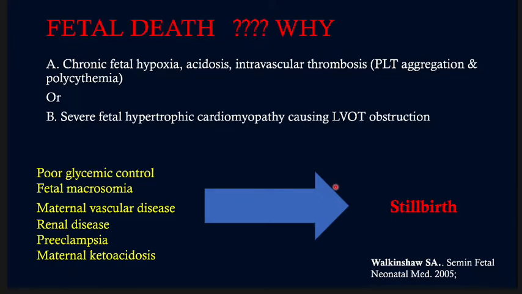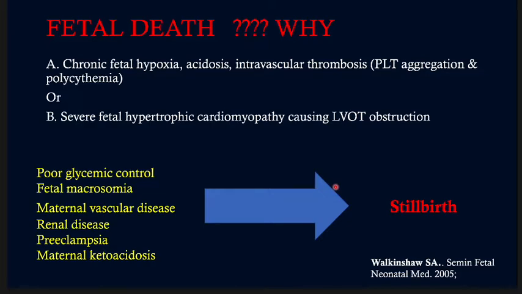So what are the causes? There are 2 theories. One is chronic fetal hypoxia. We know that they are exposed to chronic hyperglycemia and hyperinsulinemia, and hyperinsulinemia is there because cells cannot use glucose as the main energy source to live, to grow and develop.